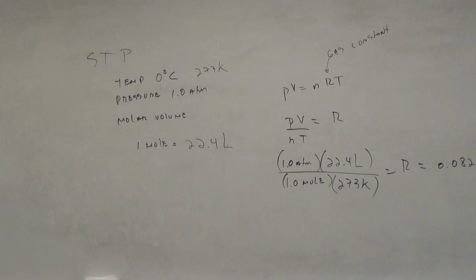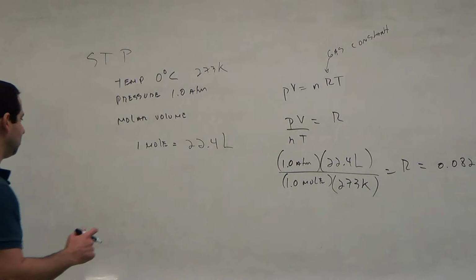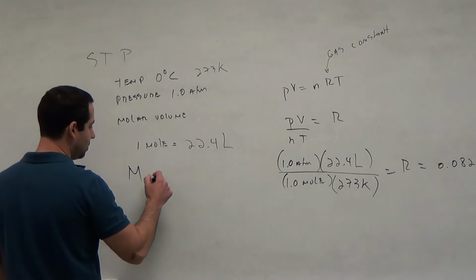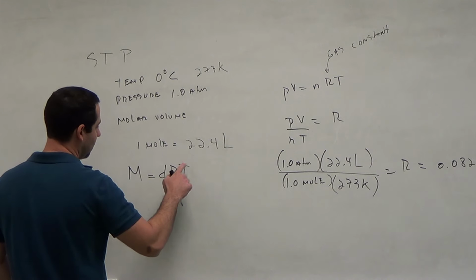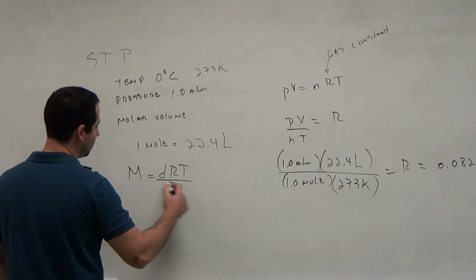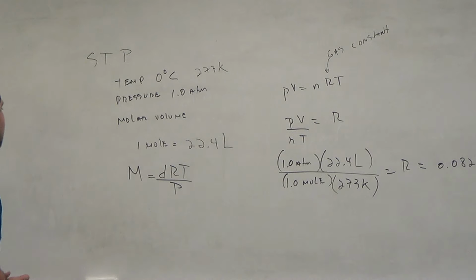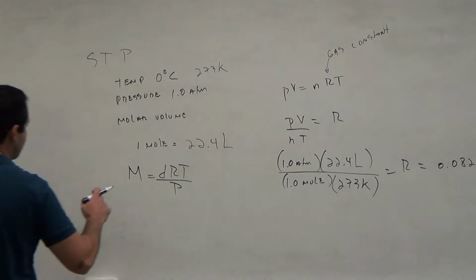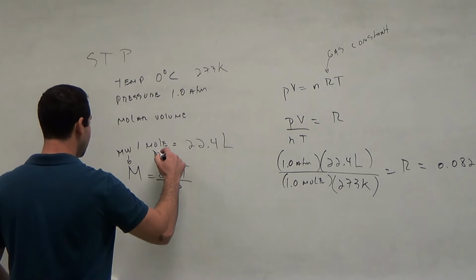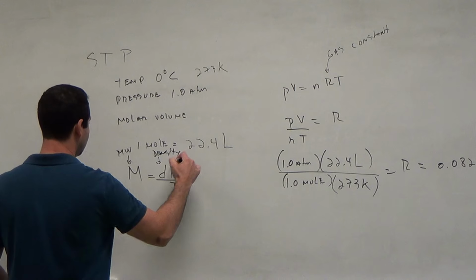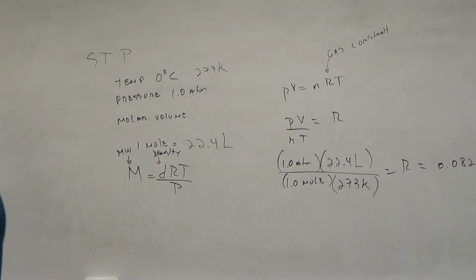You want to learn how to derive, okay, it's molecular weight. This is molecular weight, this is density, gas constant, temperature, and see if we can do a problem here.